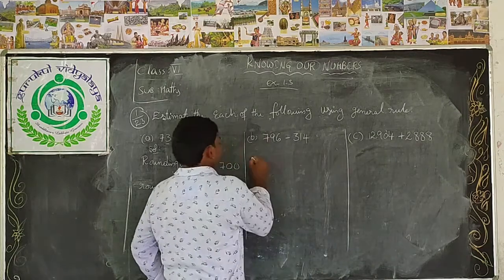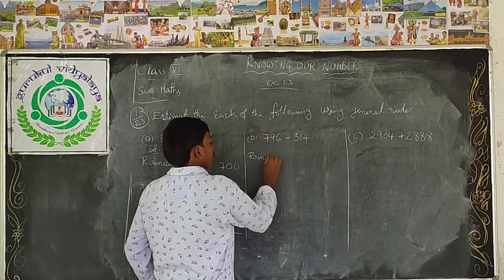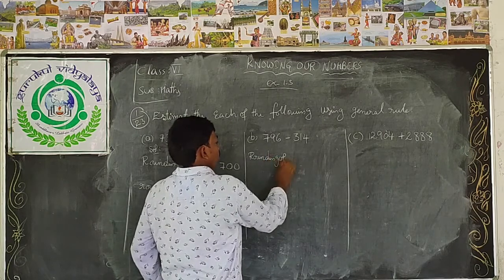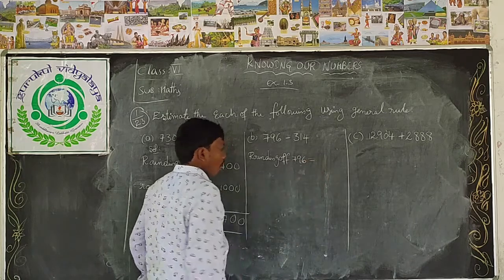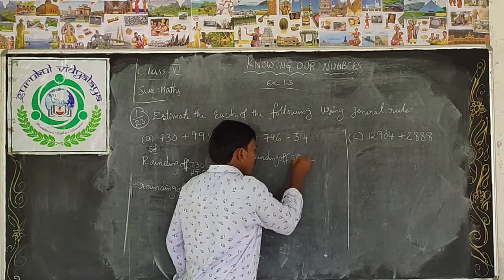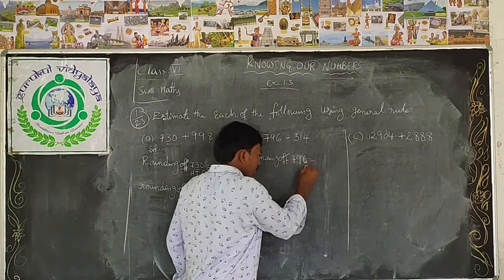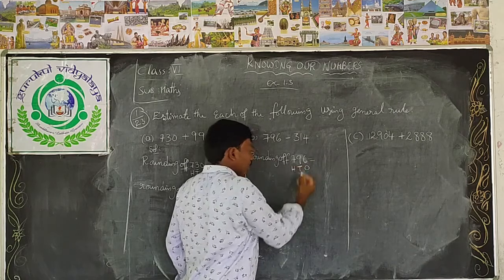See, children, now I will round off 796. This is 7, 9, 6. This is the ones place, this is the tens place, this is the hundreds place.